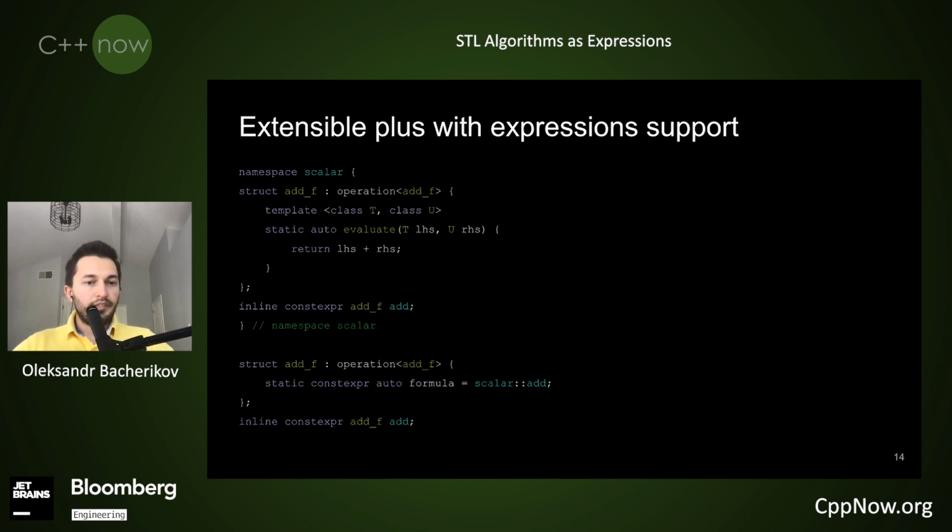And we'll see what it does on the next slide. And for convenience, we have inline constants per variable. In addition to that, below, we have a general version of add, which says that by default, it resolves into scalar add by specifying this default formula.